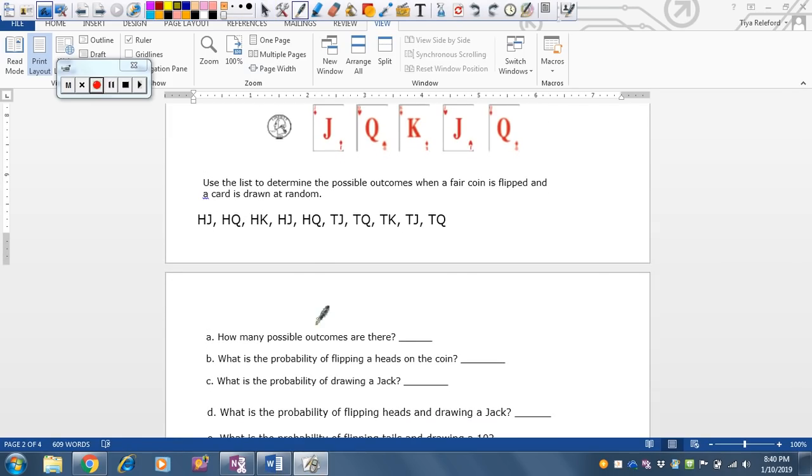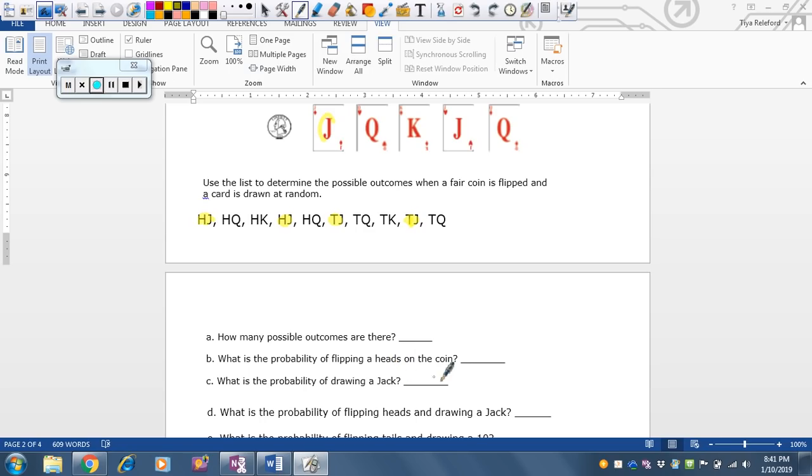C says, what is the probability of drawing a jack? So again, you're going to find all the ones with a jack. Any of the J is jack, right? This one right here. So you have H and J twice. You count them both. And you also have tails and jack twice. You count them both.